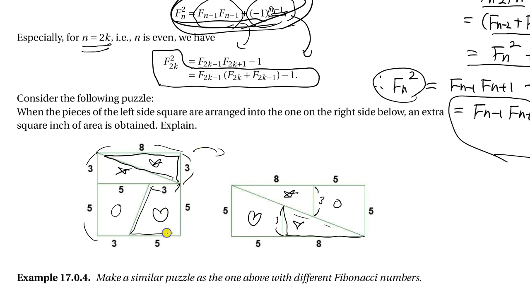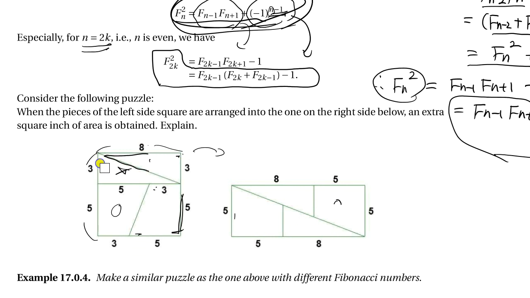Okay, and this trapezoid goes here, like a 5, 5, and 3. So 5, 5, and 3, right? So it's really well arranged of the same objects. But when you calculate the area, the original one is 8 by 8, so it's going to be 64.